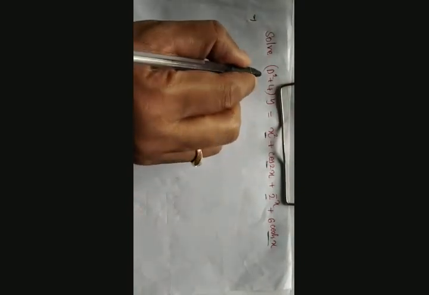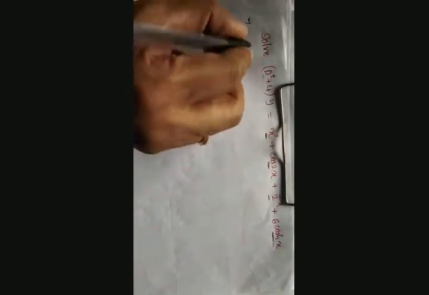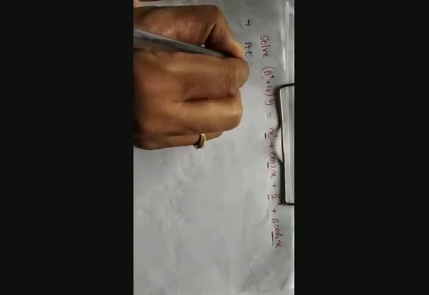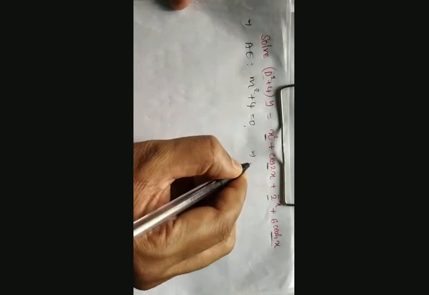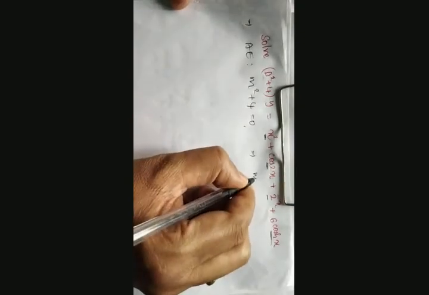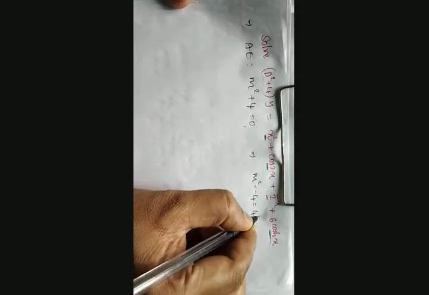Very first, what to do? We have to go for a complementary function, then we have to go for a particular integral. Together we are going to get the general solution. So here D square plus 4 is given. So very first we have to take the auxiliary equation. What is the auxiliary equation? m square plus 4 equal to 0. Therefore m square is equal to minus 4, which is nothing but 4i square.